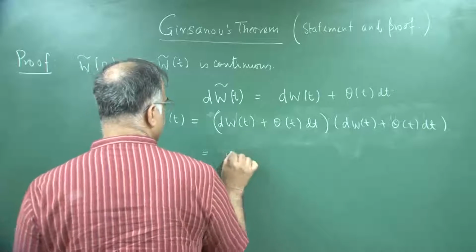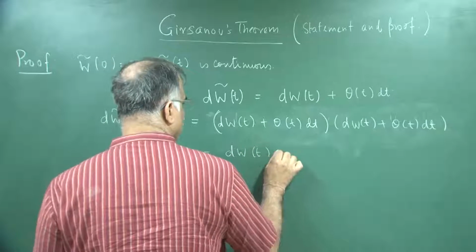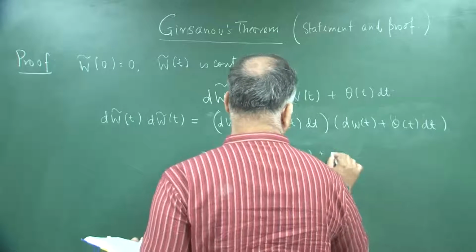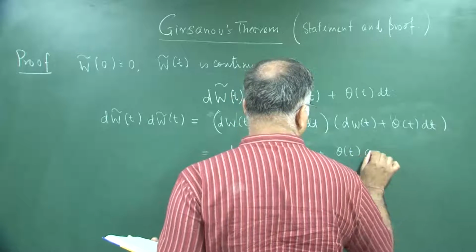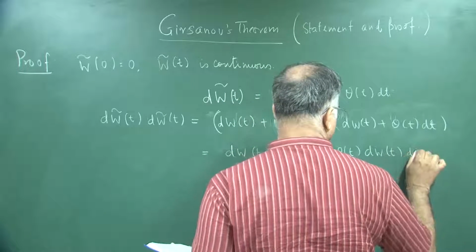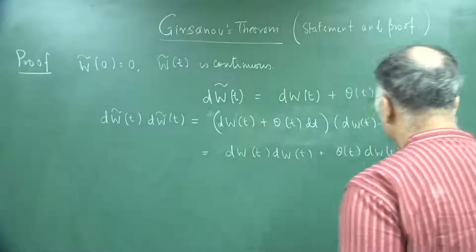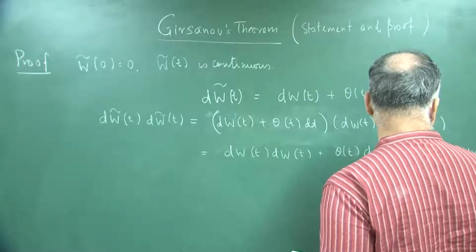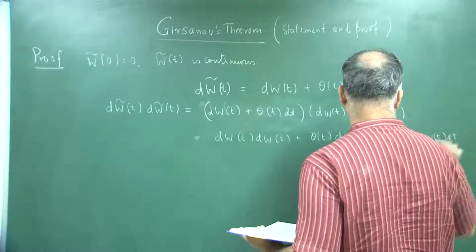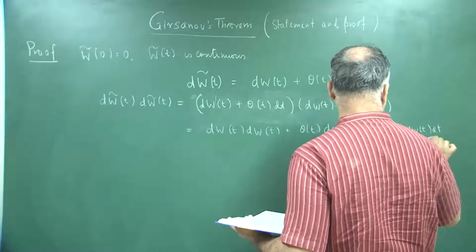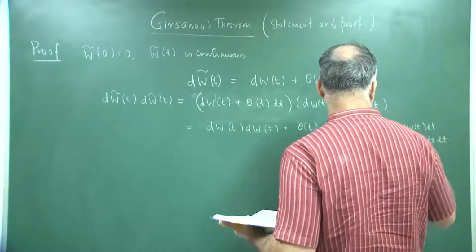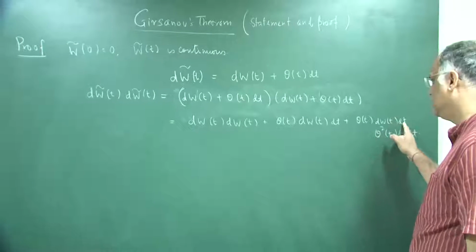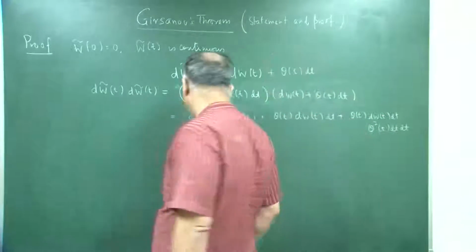Finally, this will be dwt squared plus theta t dwt dt plus theta t dwt dt plus theta square t dt dt. So, all this is 0. The second variation of a normal function is 0, these cross variations are all 0, which we have learnt, and this is dt.